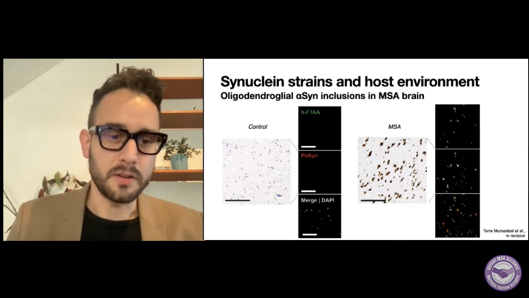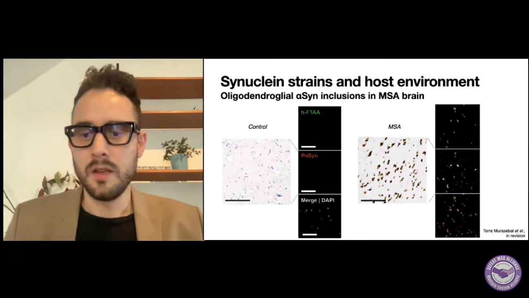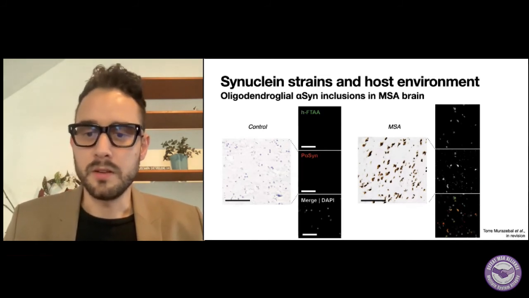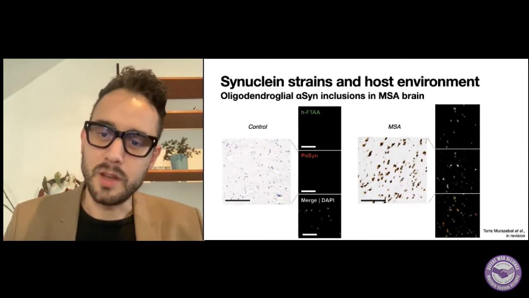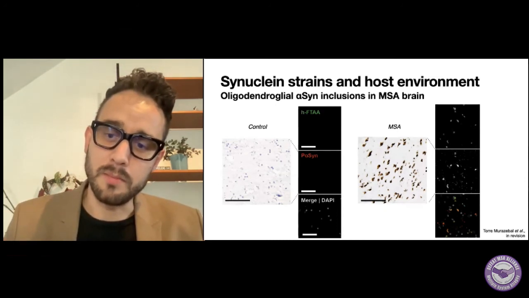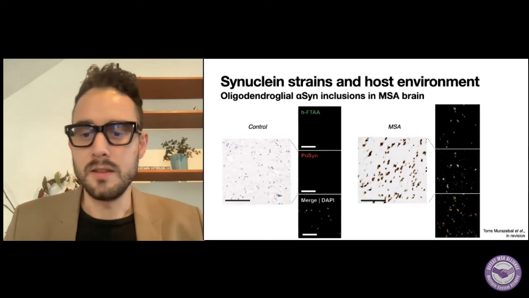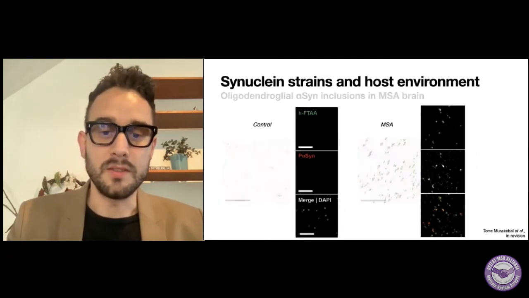And here you see a marker that just recognizes the alpha-synuclein protein itself. So if you look here in the brain of this MSA patient, you see again the alpha-synuclein protein, but also, if you look underneath this layer of markers, you can see the aggregates popping up. And you can also see that they nicely co-localize, so co-deposit, meaning that the alpha-synuclein protein is aggregating within these glial cells.